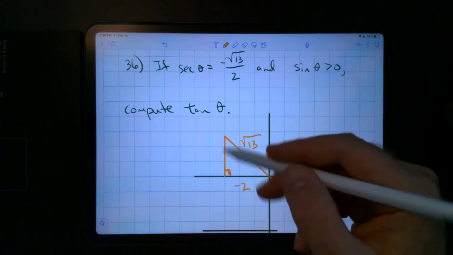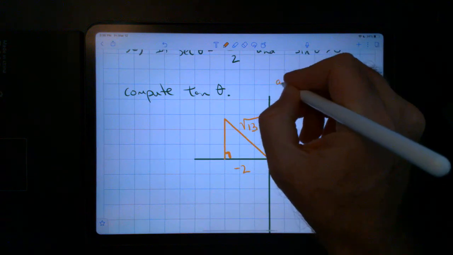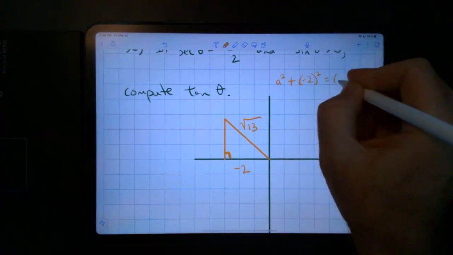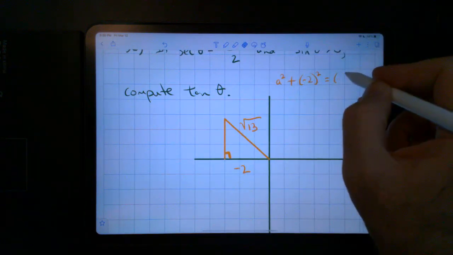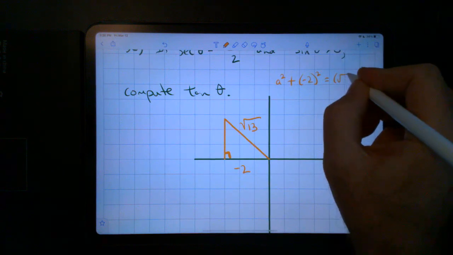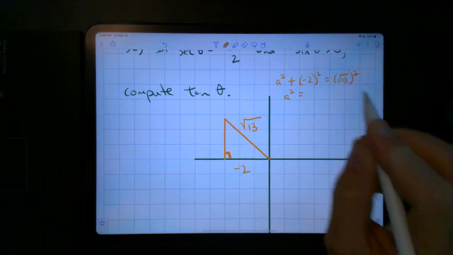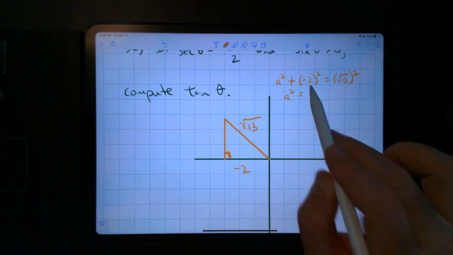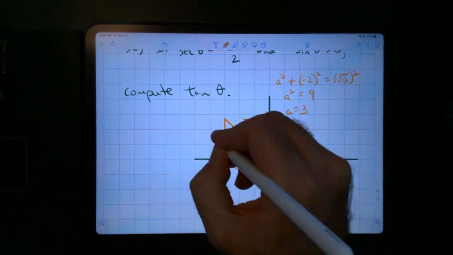So what is our y value? We can use the Pythagorean theorem. We see that a squared plus negative 2 squared equals square root of 13 squared. So we have a squared is equal to 13 minus 4, which is 9, so that a is equal to 3.